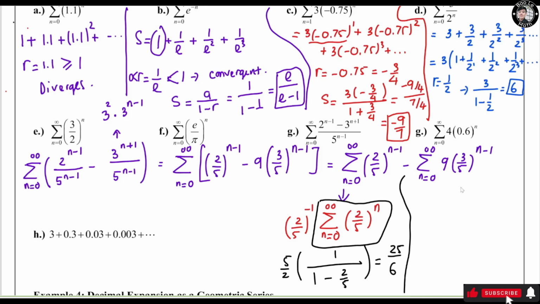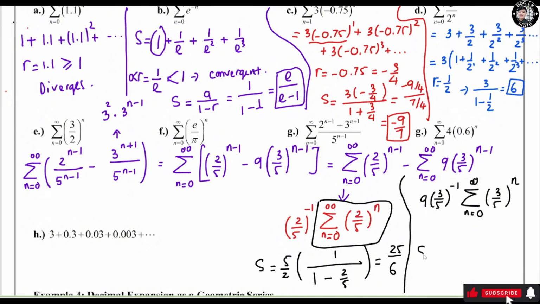Now the second one, you do exactly the same thing. So basically, you have 9 times 3 over 5 to the negative 1, sigma when n goes from 0 to infinity of 3 over 5 to the n.